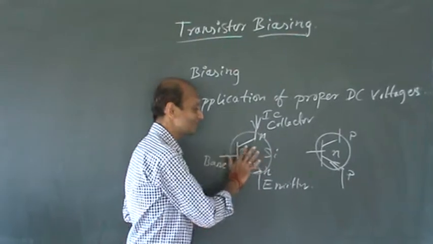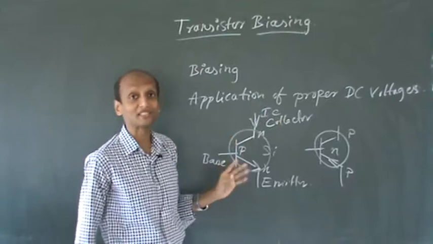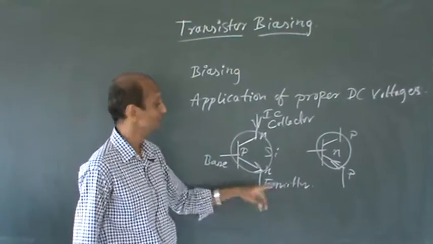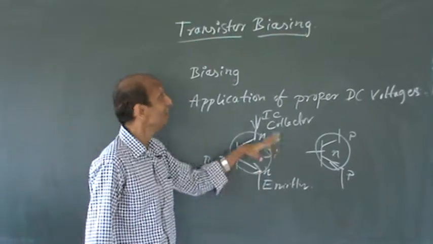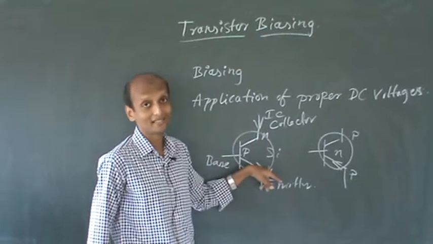For this reason, we need biasing. Application of proper DC voltages is called biasing. So now we are learning about transistor biasing.